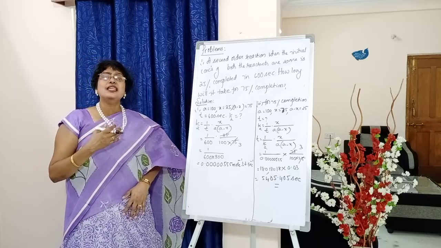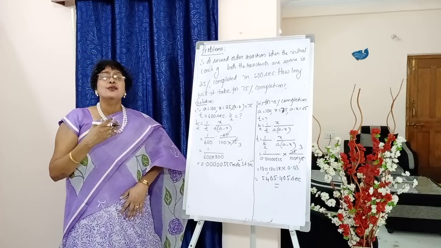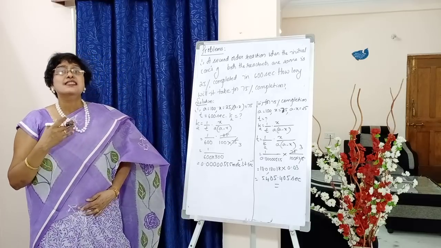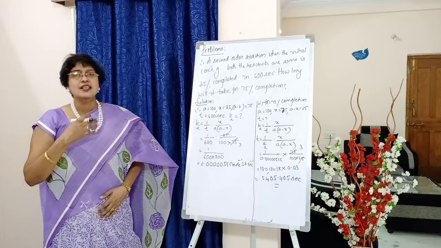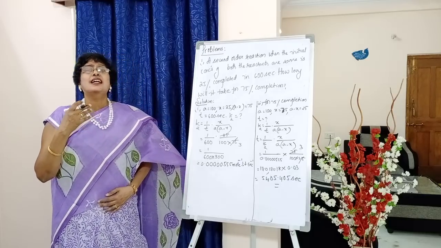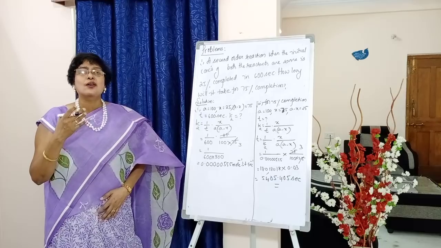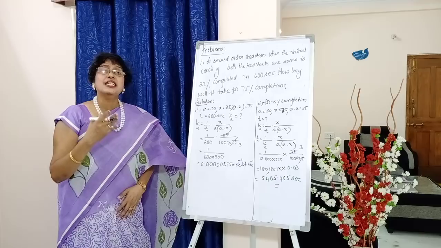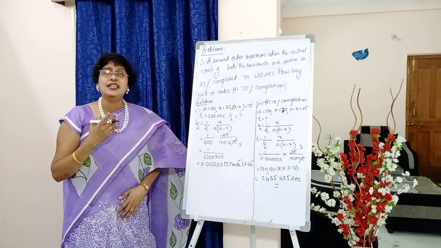Using these values, students, we can calculate the rate constant of a second order reaction. For this we need the expression for the rate constant of a second order reaction.